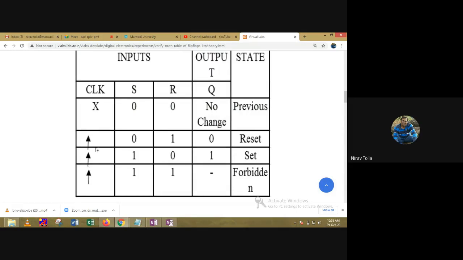And suppose we are giving the clock pulse. At that moment, if my S is 0 and R is 1, it is known as the reset.